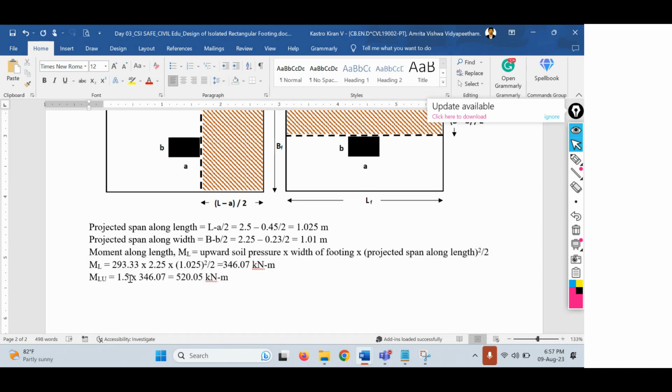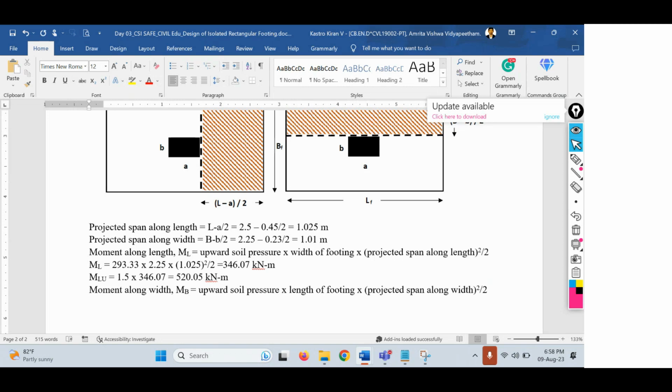The moment along width, I'm calling it MB. Same formula: upward soil pressure into, when you are calculating the moment along width, you have to consider the length of the footing, into the projected span along width, whole square, divided by 2.